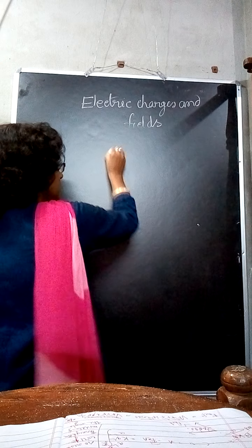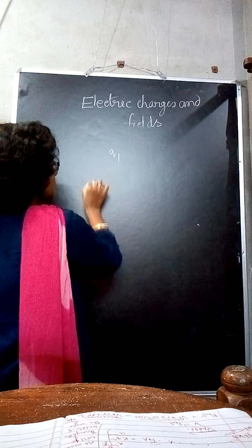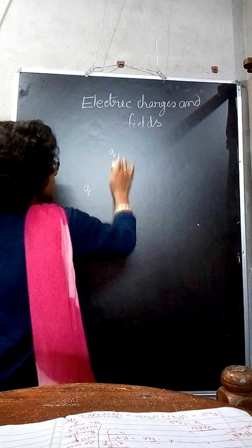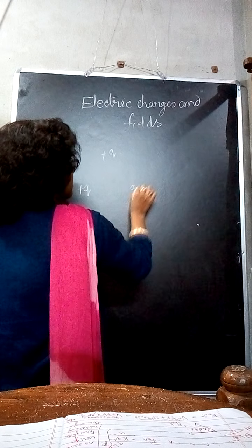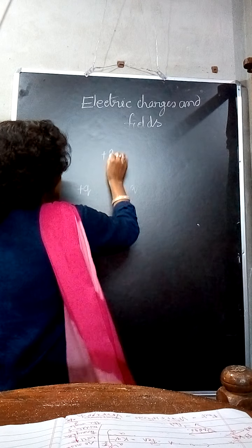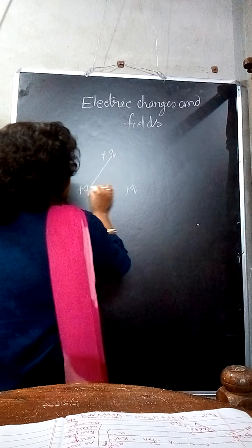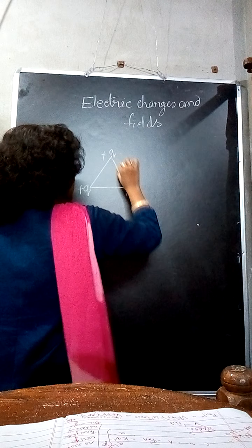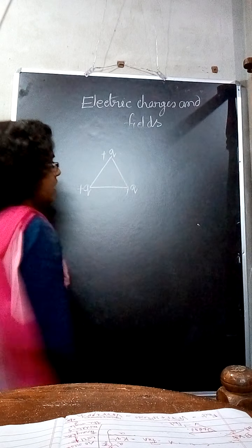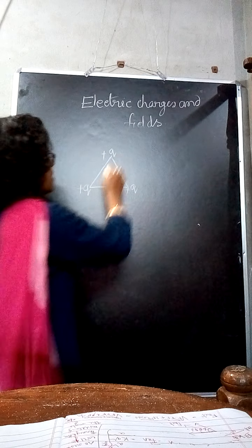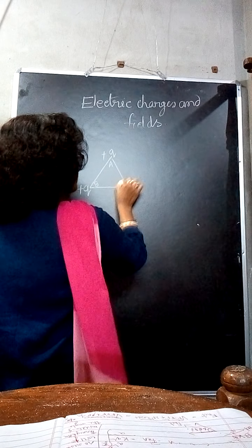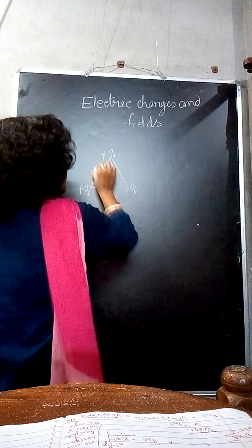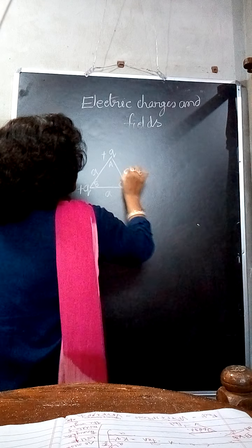Three charged bodies Q1, Q2 and Q3 are kept at the vertices of an equilateral triangle. Its vertices are named A, B and C, and each side is a.